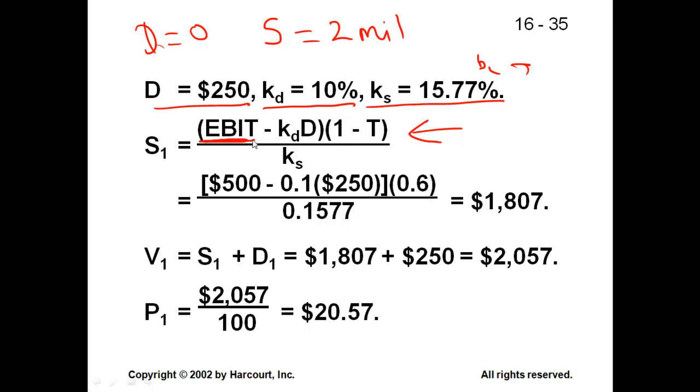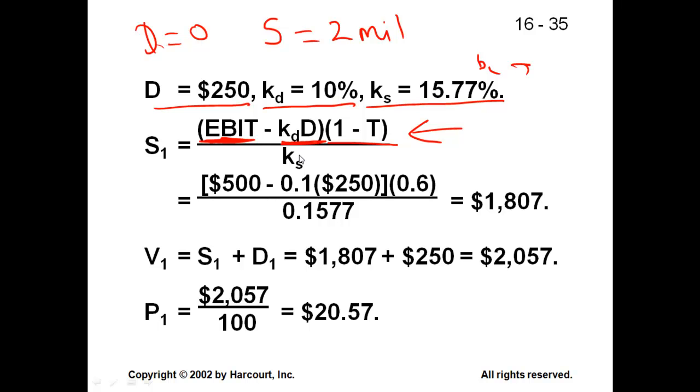So this is EBIT, earnings before interest and taxes. How much was this? 500,000. So from that you are subtracting the interest, and then what do you subtract after that? You are subtracting taxes. So now is this numerator the cash flow every year that stockholders get?